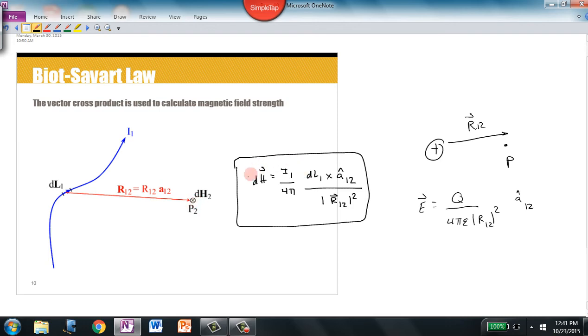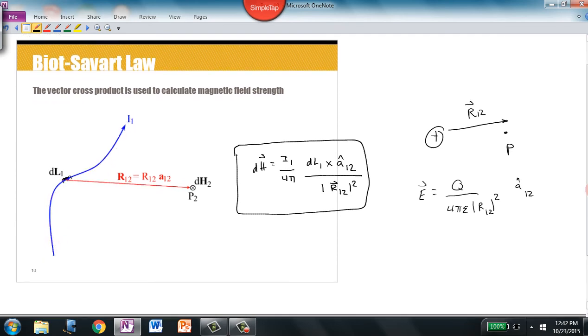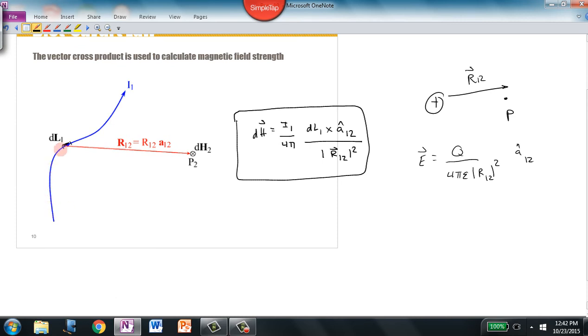The problem with this realization of the Biot-Savart law is that I only accounted for the current flowing through this differential length element. If I want to know the total magnetic field strength at this point, I have to account for the total current flowing through all of the little differential length elements. By this point, you should understand how we solve a problem like that.